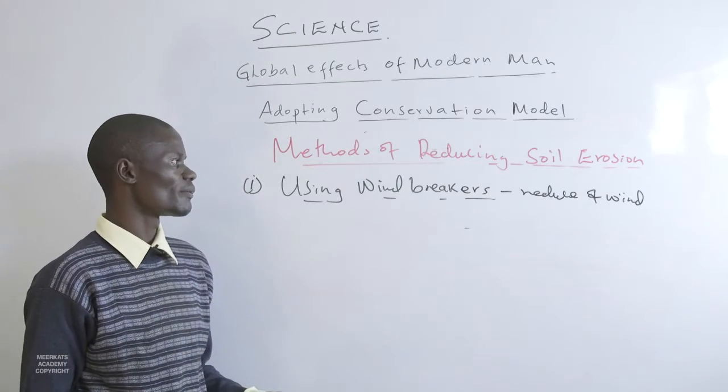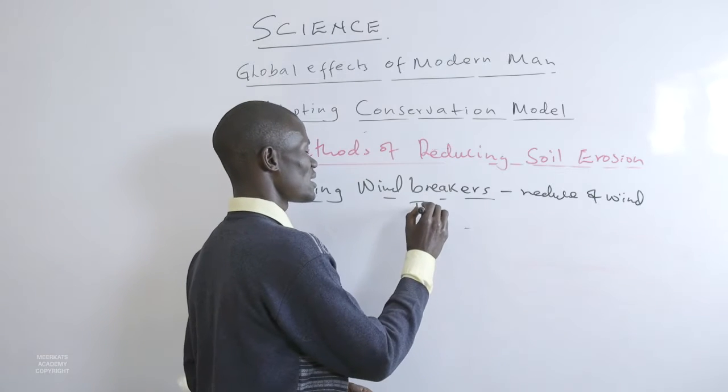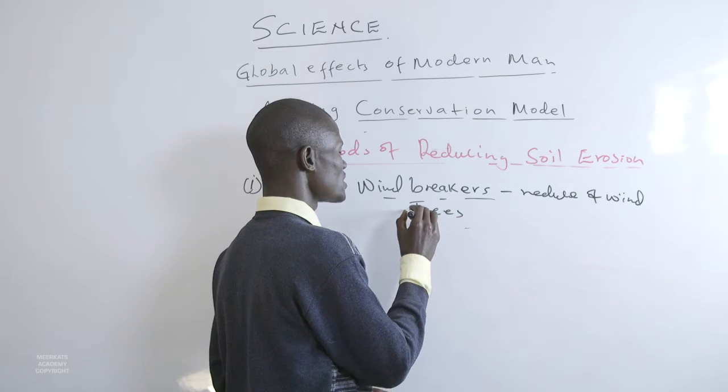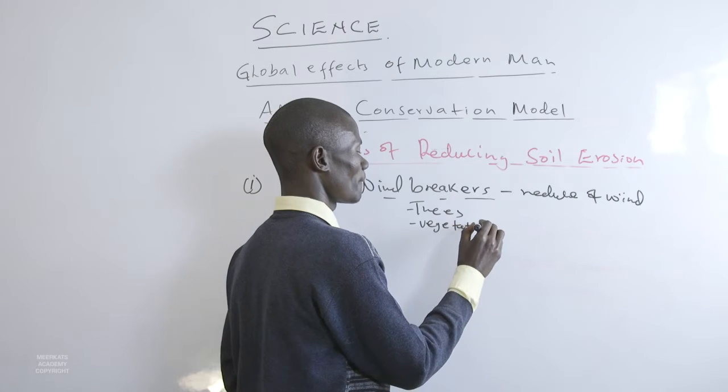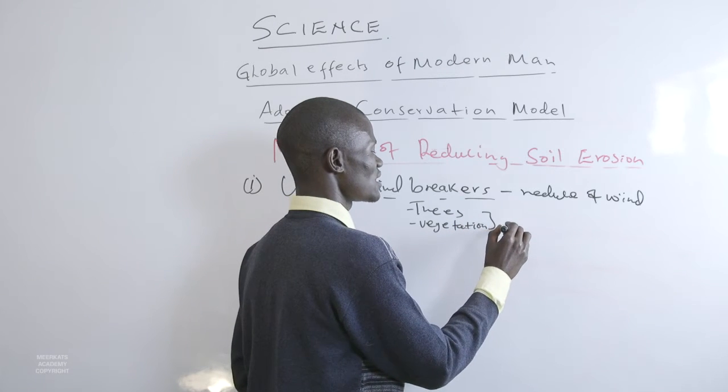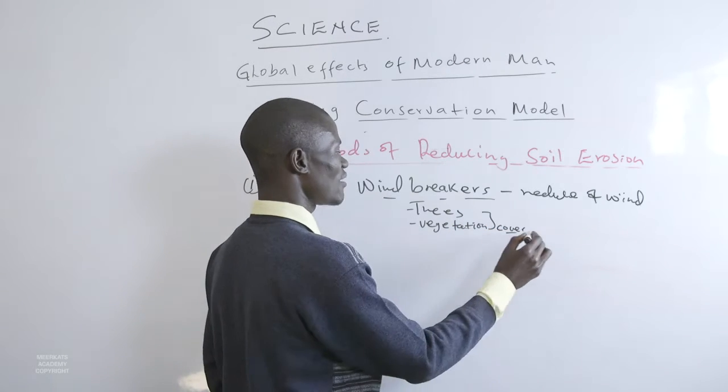At the same time, the windbreakers involve trees and also vegetation that is establishing what we call vegetation cover.